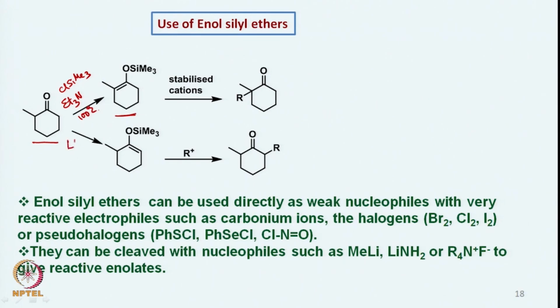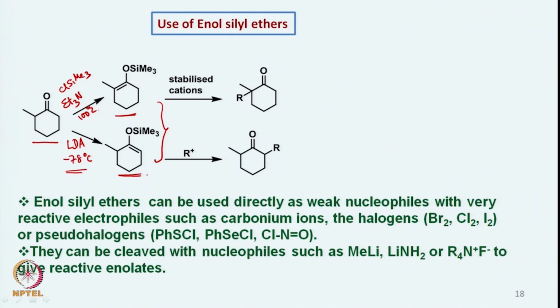On the other hand, if we take a base as strong as LDA and at minus 78 degrees centigrade we do the reaction, then of course we can get the enol silyl ether of this kind. So we have conditions under which different types of enol silyl ethers can be procured.